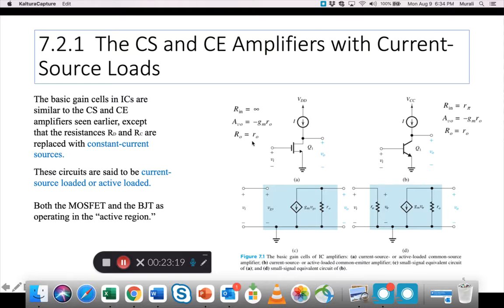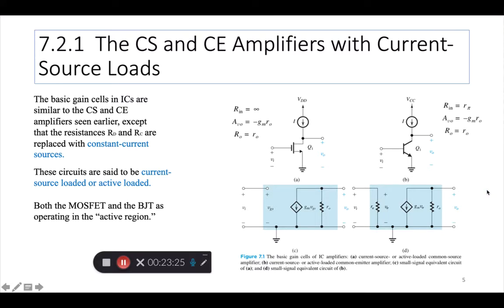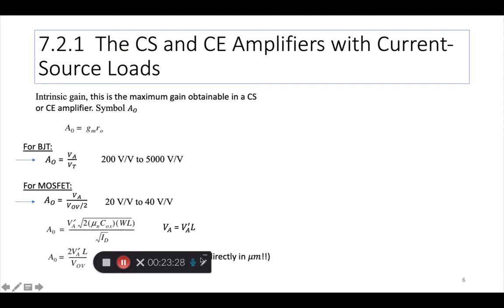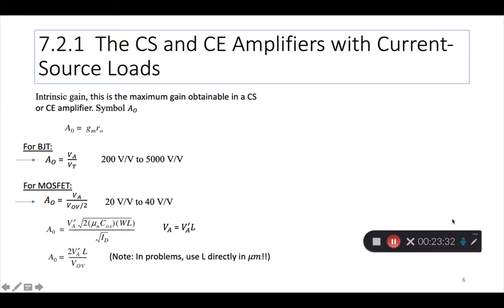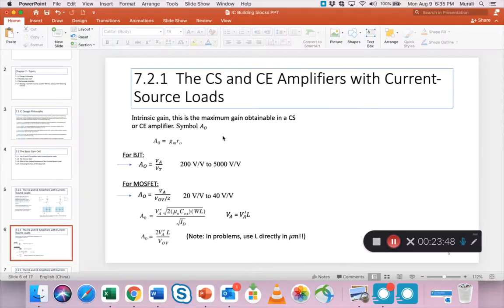Okay. So that is this slide, and it's time to move on. This was slide 5. Let's move on to slide 6. Okay. So we define something now called intrinsic gain. Is the maximum gain obtainable in a CS or CE amplifier? In an IC, I guess I should say that.